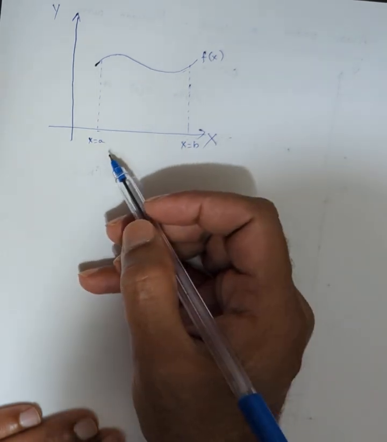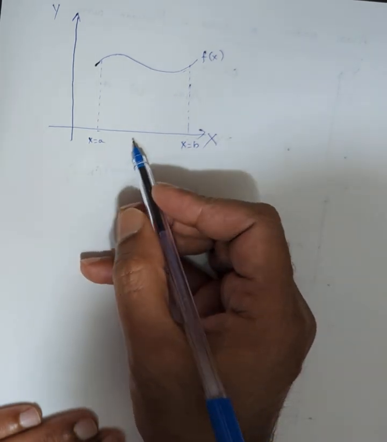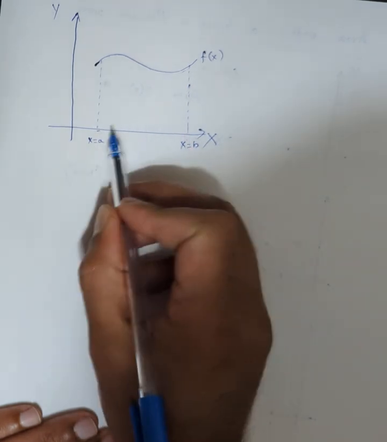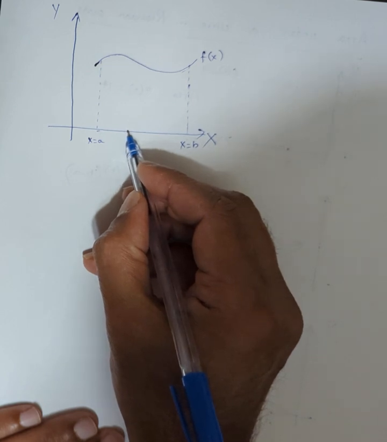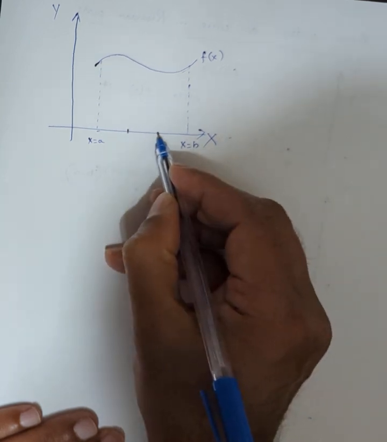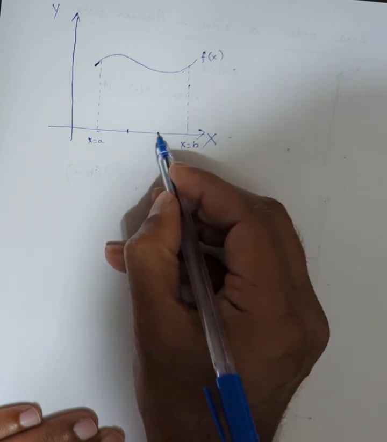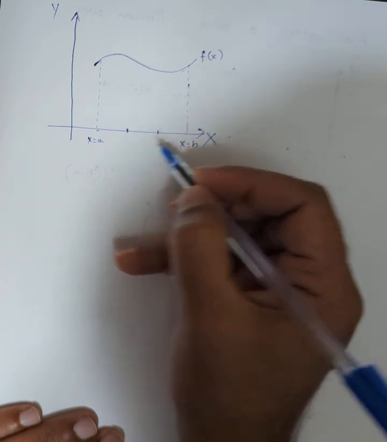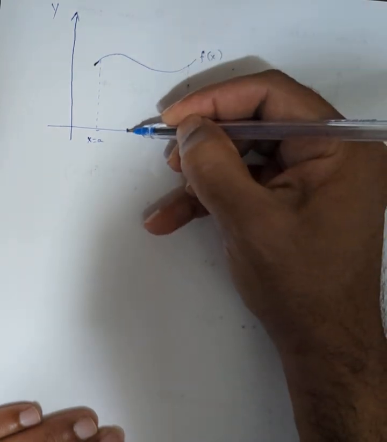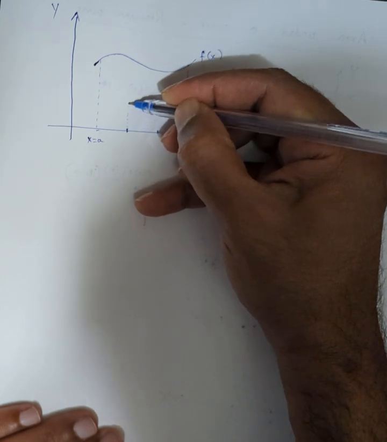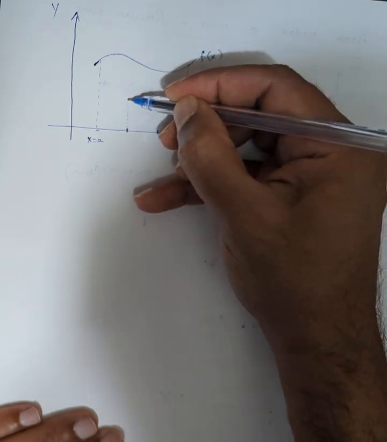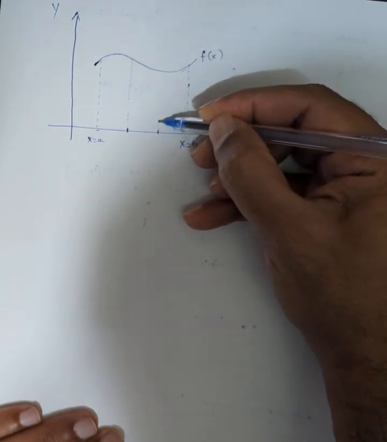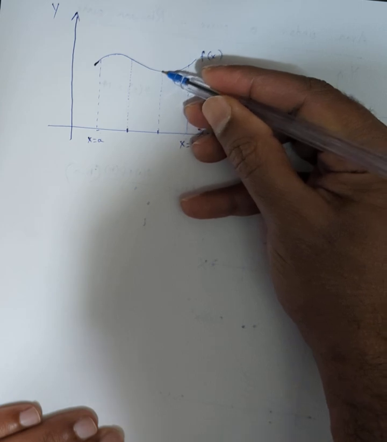And if you split it into some number of subintervals, say I'm going to split it into 3 subintervals, which means I'm going to take 1/3 of that length of the interval and mark a point here, another point over there. And then I'm going to evaluate the function at these points. Then I get these particular heights.